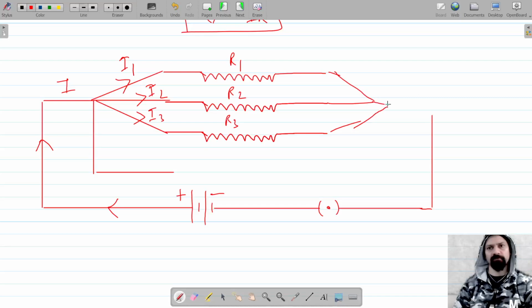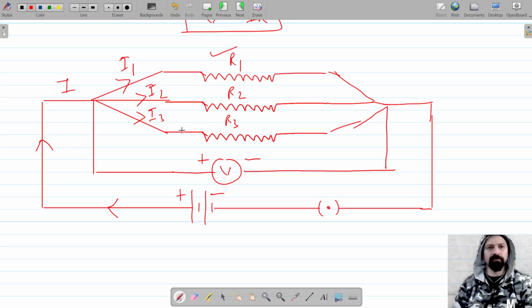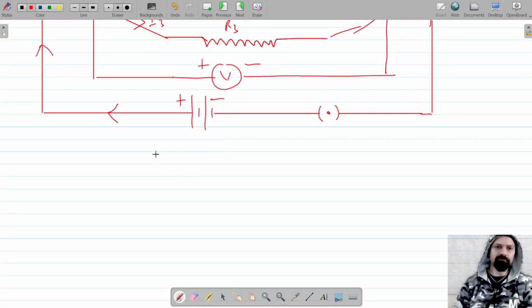So this is how the current flows. So current across R1 is I1, R2 is I2, R3 is I3.